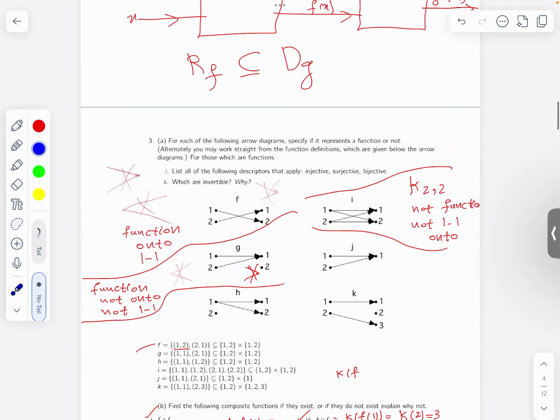Now, question 3, we want to say which of these relations are functions or not.